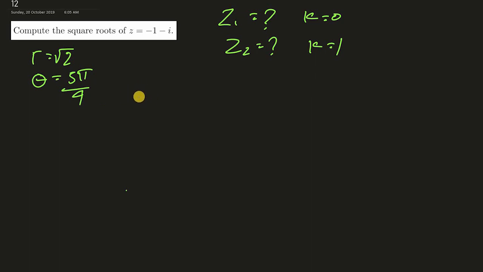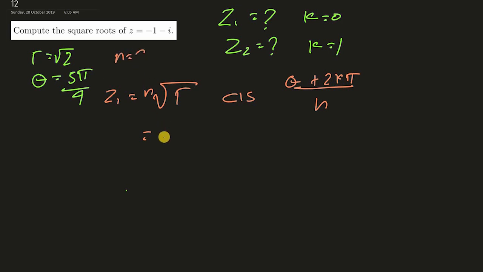Solving for the first root, that would be equal to, again, yung formula natin, r raised to 1 over n, cis of theta plus 2k pi over n. Okay, so first, z sub 1, since square root siya, raised to 2, yung n natin is equal to 2. So that would be square root of, ano yung r natin? R natin is square root of 2.